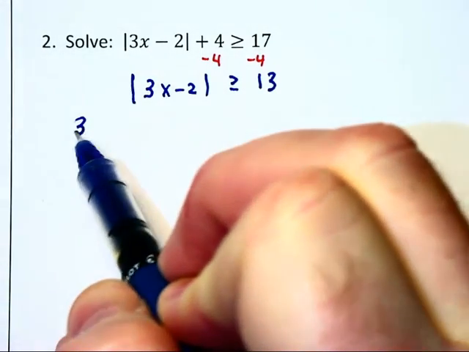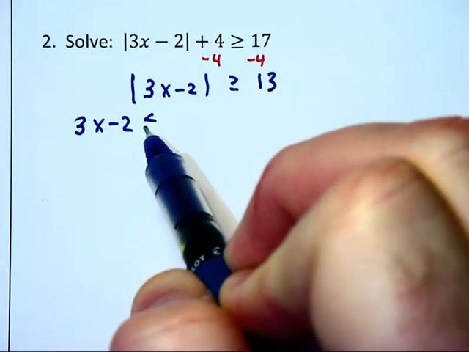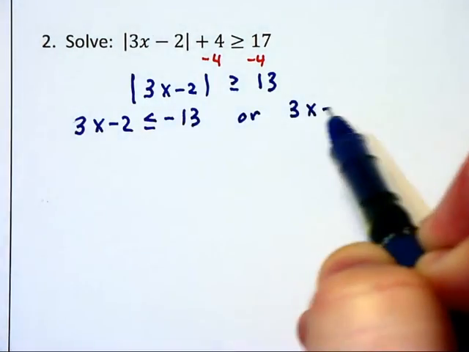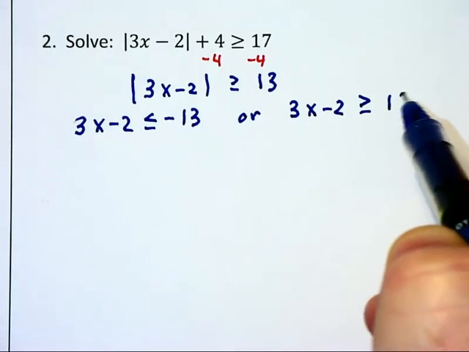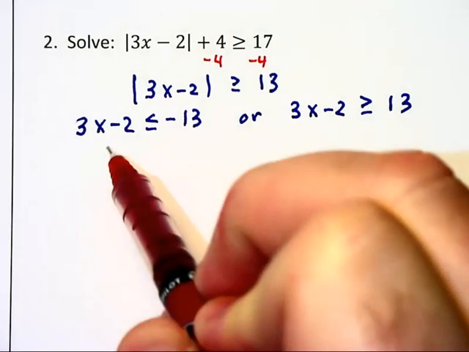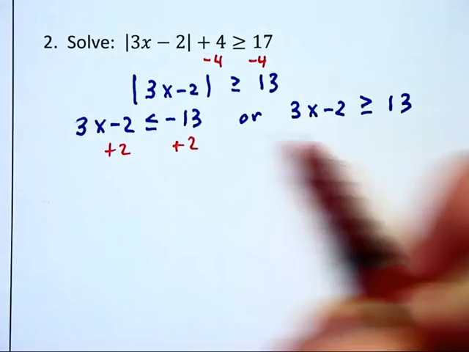So 3x minus 2 is less than or equal to negative 13, or 3x minus 2 is greater than or equal to 13 itself. Now let's solve each of these by adding 2 to each side.